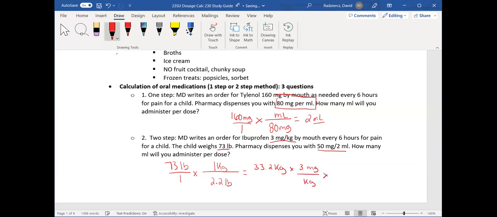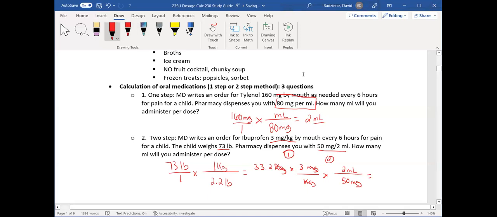And then I would multiply by the 2 milliliters per 50 milligrams. And I'm going to show you an alternative way to set this all up. But the reason this is 2 steps is because step 1 technically is just converting kilograms to milligrams. And then step 2 is converting milligrams to milliliters.